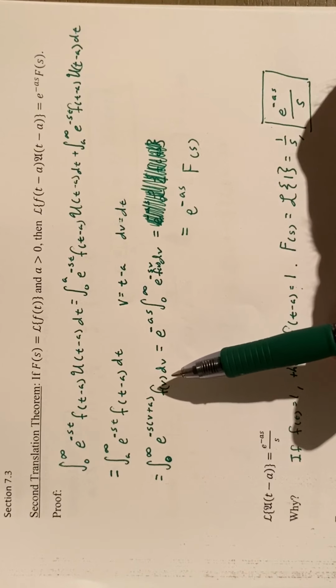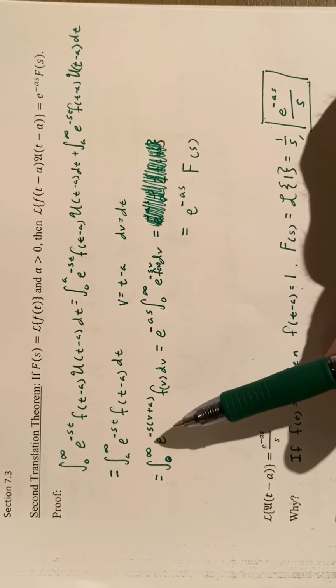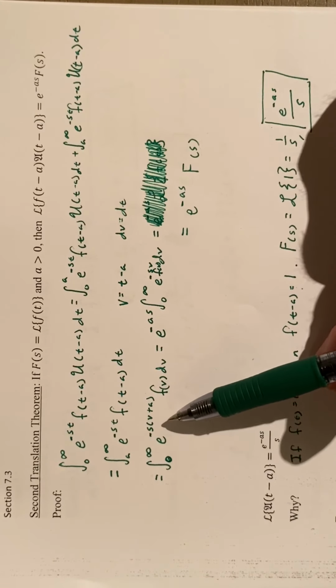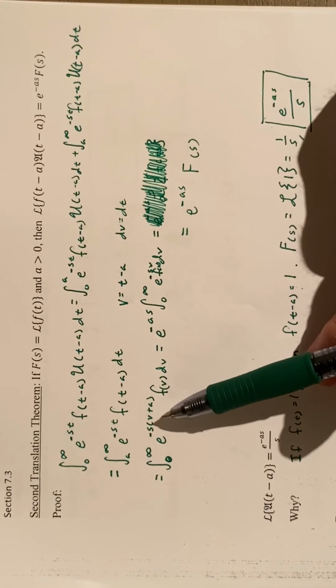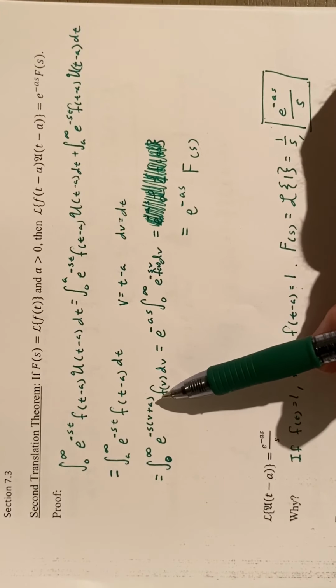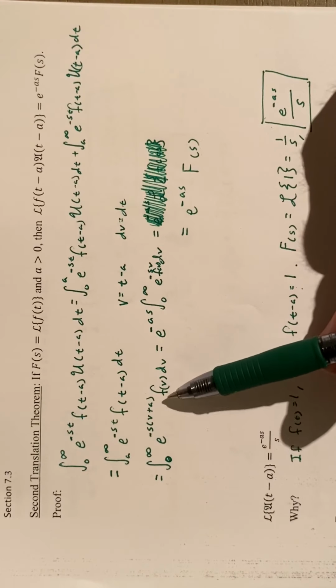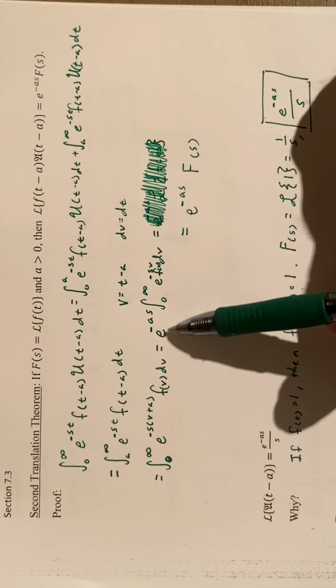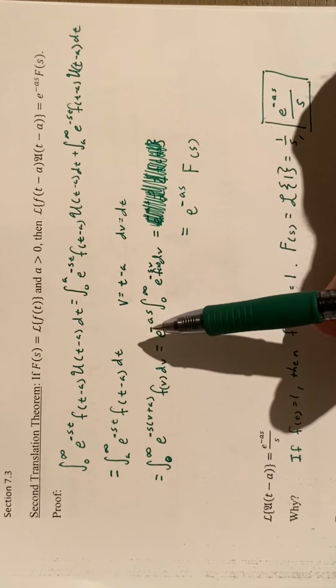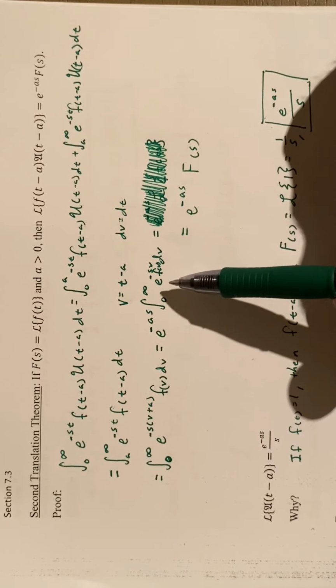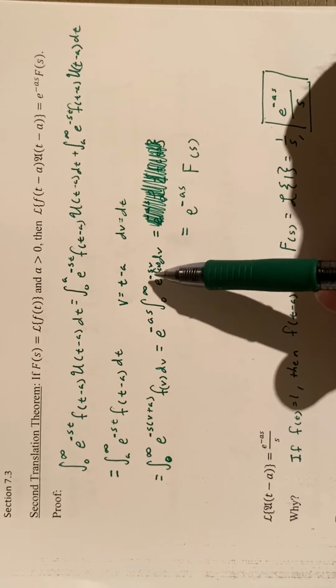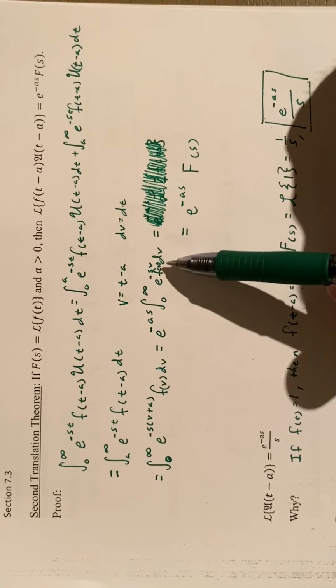And now what we're going to do is distribute this negative s into our exponent and get negative sv minus sa. Now, what you need to remember is that s and a are both constants, so I can pull out that e to the negative as. And the only thing that's going to be left inside is e to the negative sv times f of v dv.